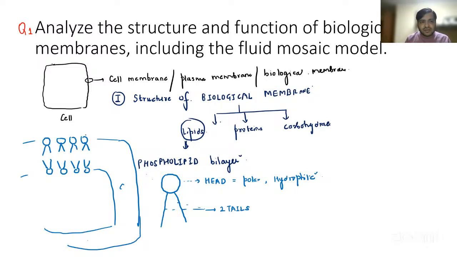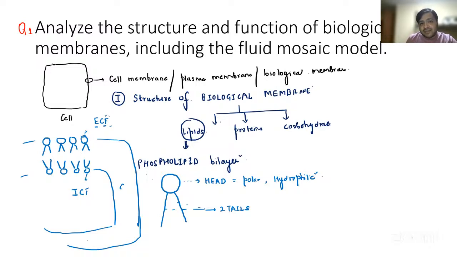Now you can always see the head part. Internally, the cell will also have some fluid called the intracellular fluid. Intra means inside the cell, and outside the cell we will also have some fluid called the extracellular fluid. Fluid means the water part.